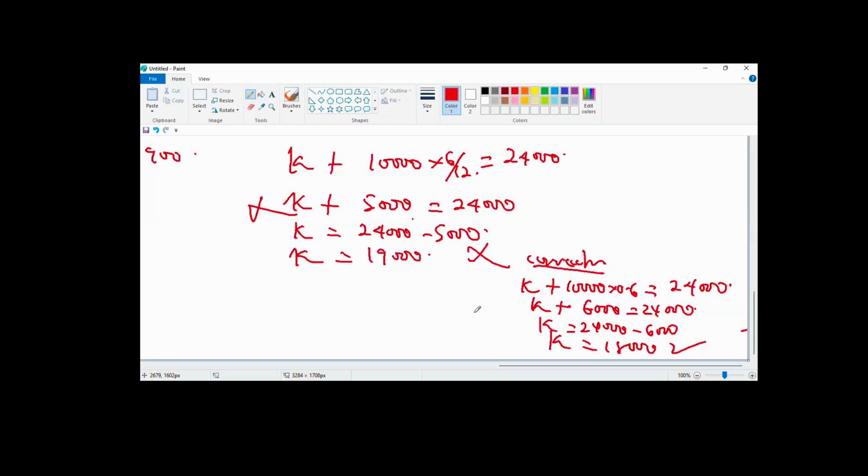Next. The next question says the next adjustment. Additional information 2.